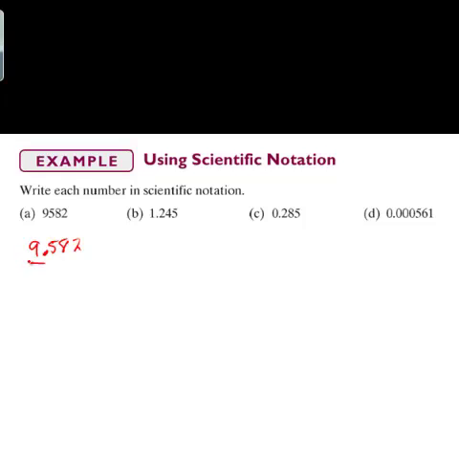So that means that this number right here has to be between 1 and 10, less than 10, greater than or equal to 1. But then how many decimal places did we need to go from, and here's the decimal place, it's right there. We needed to go 1, 2, 3 decimal places. So that means we have times 10 to the third power.